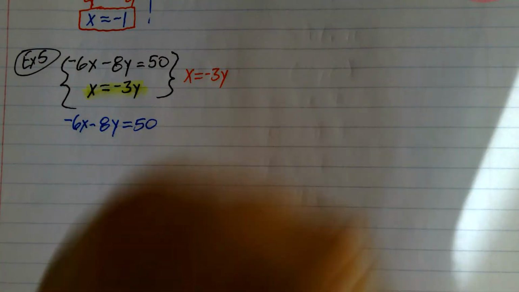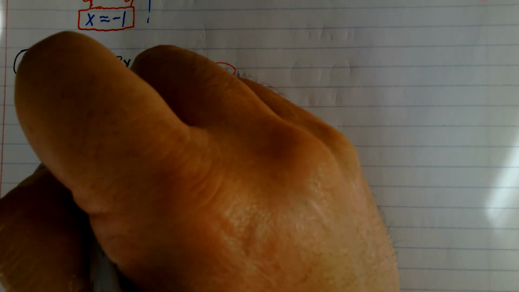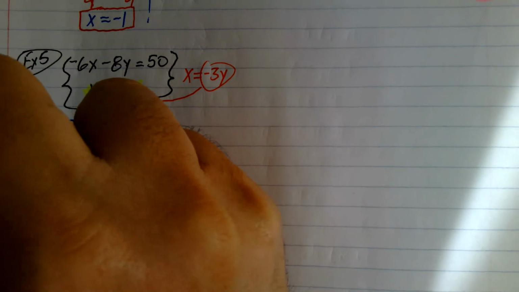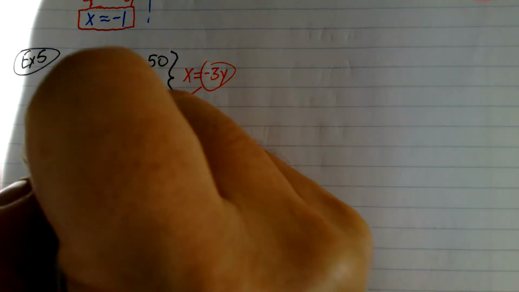And I'm going to recopy my first equation, negative 6x minus 8y equals 50. Because what I want to do is take what x equals, negative 3y, and replace it for x. It's going to go in there in place of x.